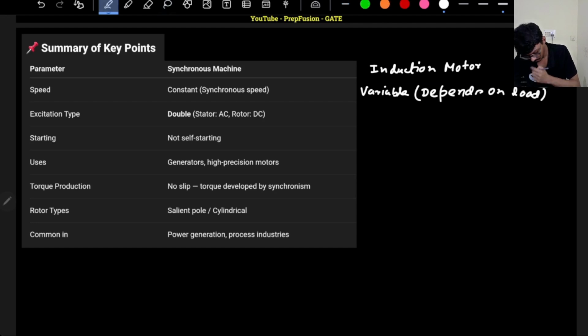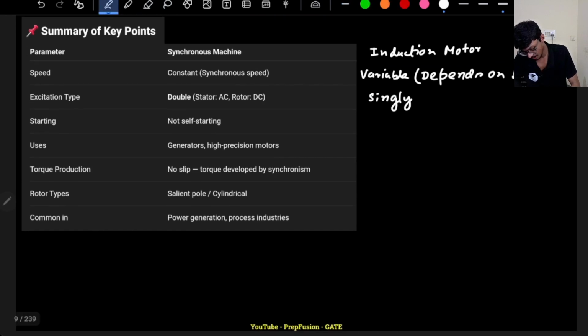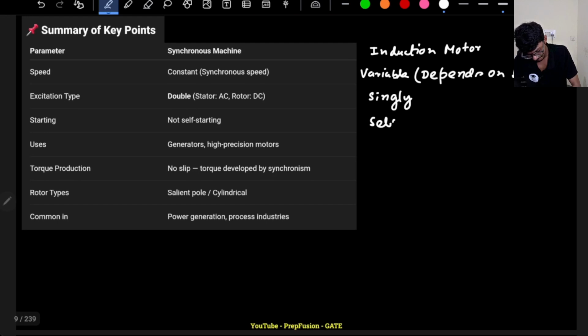Excitation here will be singly excited, and it is self starting.